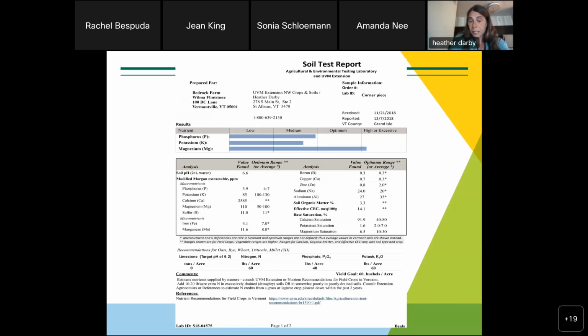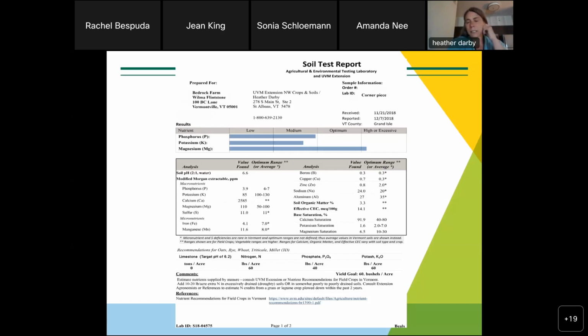And so 7 is neutral. Anything below 7 is acidic, and anything above 7 is basic. And we've all learned that in grade school, really, what acidity is and what things are acidic and what are not. So we really want the soil for most crops to be slightly acidic. So what's slightly acidic?